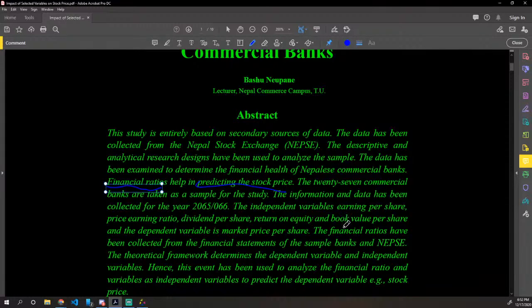27 commercial banks are taken as a sample for the study. The data has been collected for the year 2066.